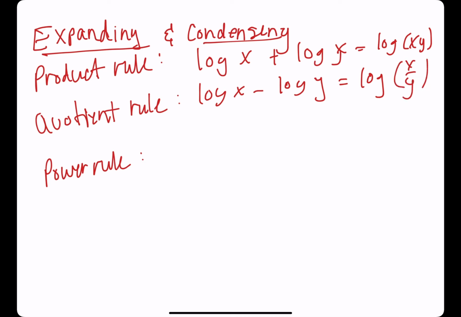That's our quotient rule. So addition goes together with multiplication, subtraction, division. And these rules come straight from, if I was multiplying like bases, wouldn't I add my exponents? That comes straight from this product rule.